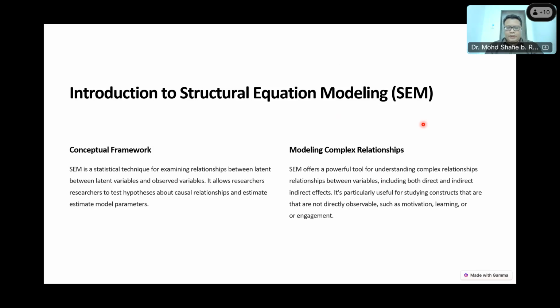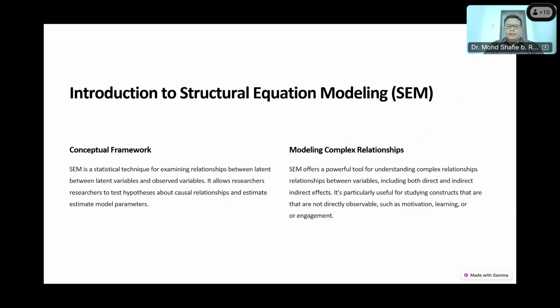Normally, when you have composite effect analysis, a Bayesian model, or a structural model, you can study the direct and indirect effects. This is more toward understanding the mediation effect of a variable. It's particularly useful for studying constructs that are not directly observed, such as motivation, learning, or engagement. This is another school of thought: motivation, learning, and engagement, which are not really explicit, can be understood using SEM.